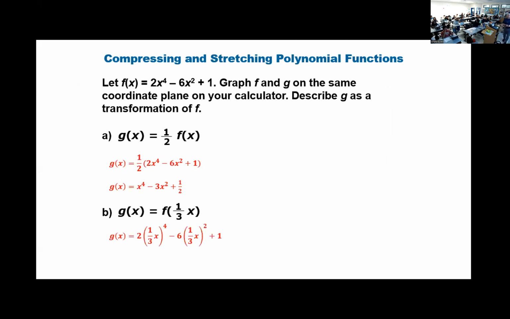I've got 2 times 1/3 x to the fourth minus 6 times 1/3 x squared plus 1. Again, I could type that in, but that's not in standard form. Standard form is going to look like this: 2/81 x to the fourth minus 2/3 x squared plus 1. Let's compare that to my f of x and see what it looks like.